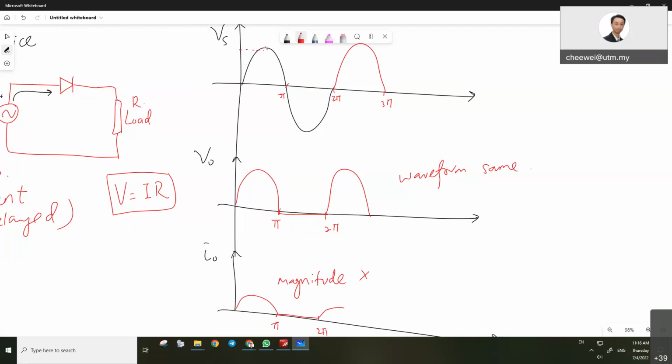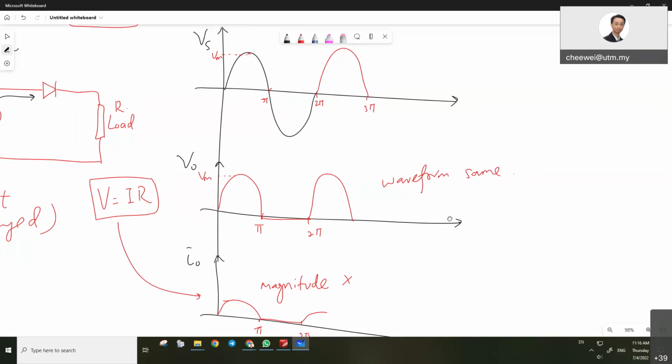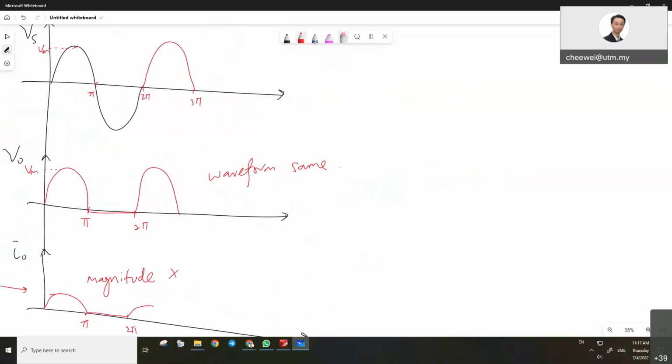So please label them completely with the VM. VM stands for the maximum peak voltage. So this peak current will get from the Ohm's law calculation. Now, if we change this to RL load, let's go to the right hand side. RL load, what do you expect the waveform to be?